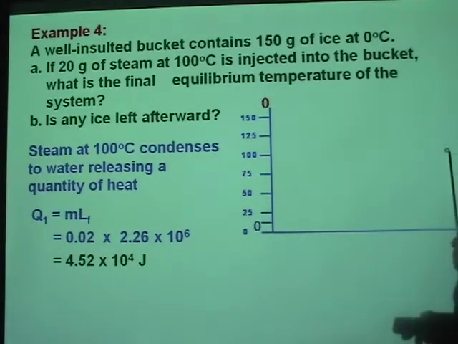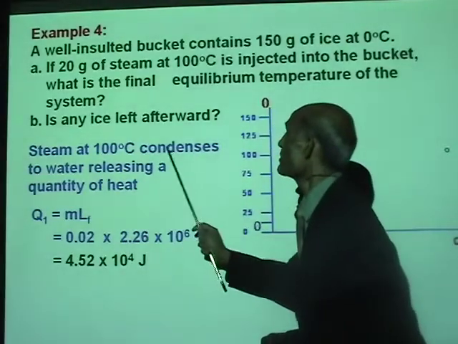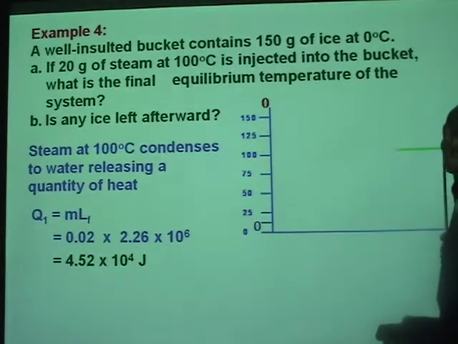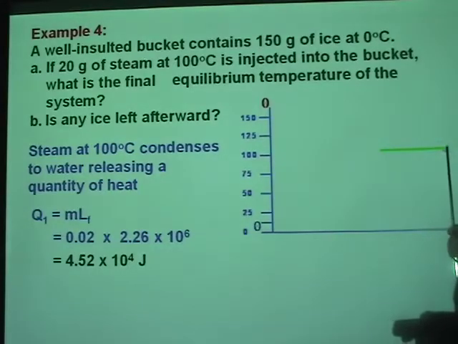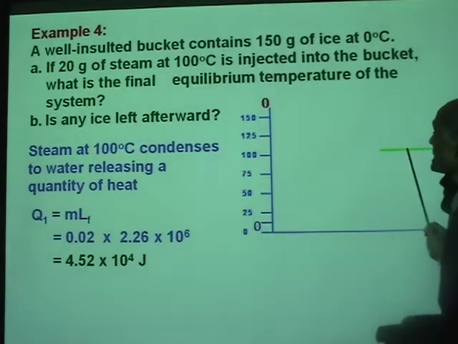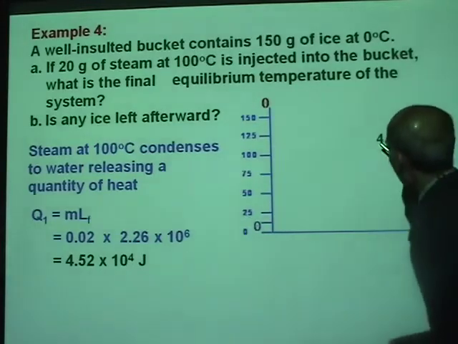Well, this is where we start. And what do we have? Steam at 100 degrees condenses to water at the same temperature. That means there's no change in temperature. We started with steam here, and all of that steam becomes water here, releasing this much amount of heat. Alright, now what happens?